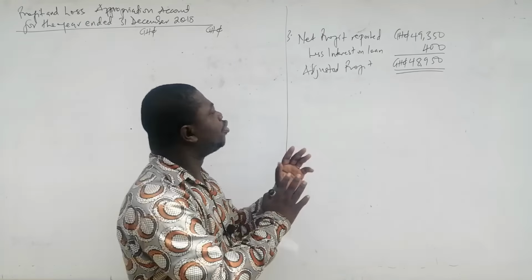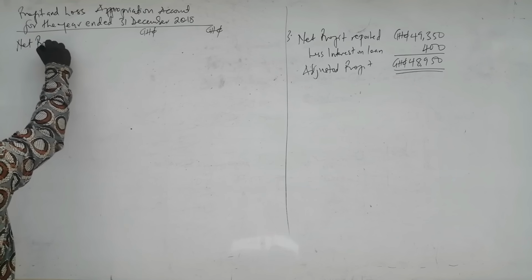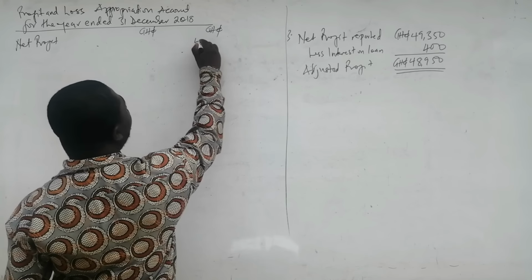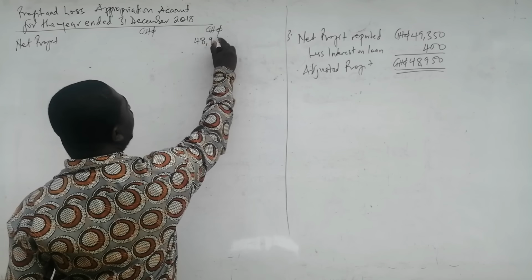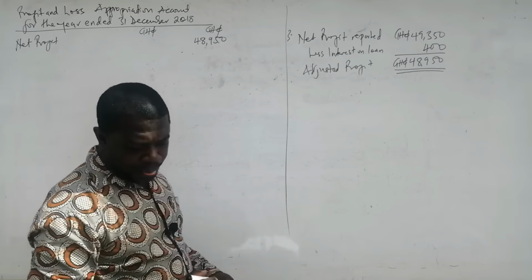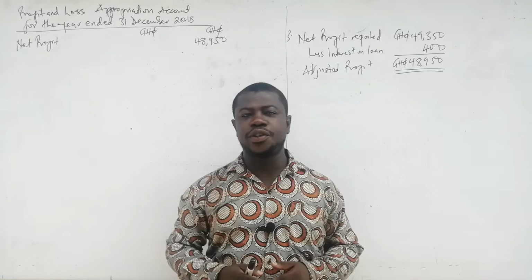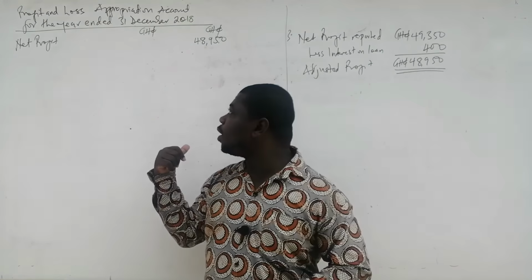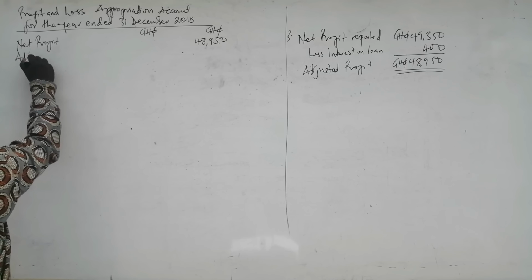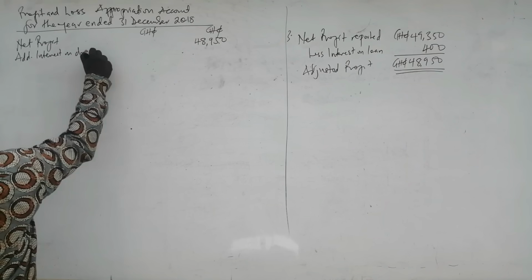Okay, so straight away we can come here and begin with the net profit for the period, and we are going to pick the adjusted profit. So the net profit is 48,950 Ghana cedis. And then according to the format that I gave in the previous video, what do we do next? From here we add our interest on drawings, and so we add interest on partners' drawings.